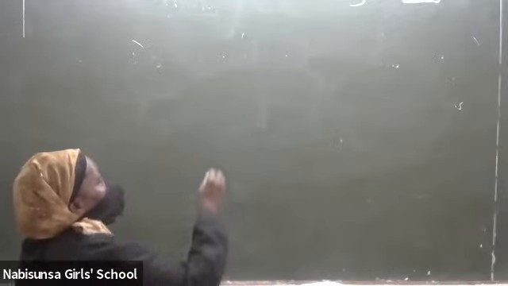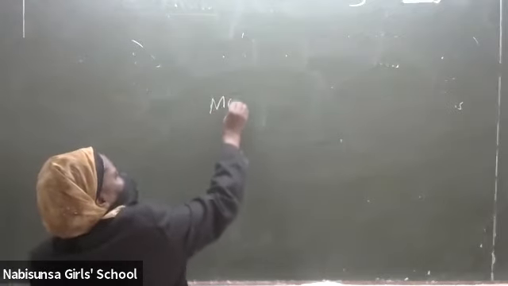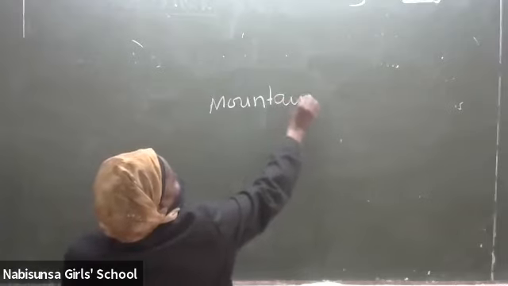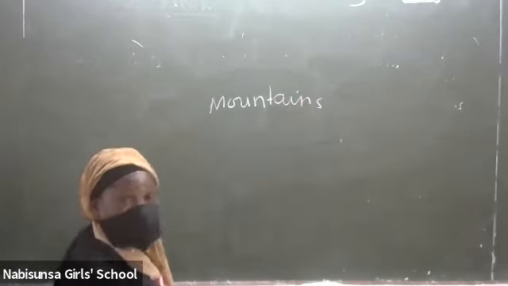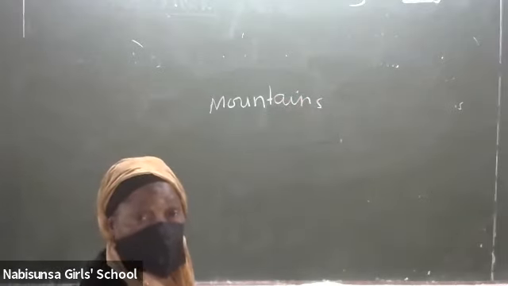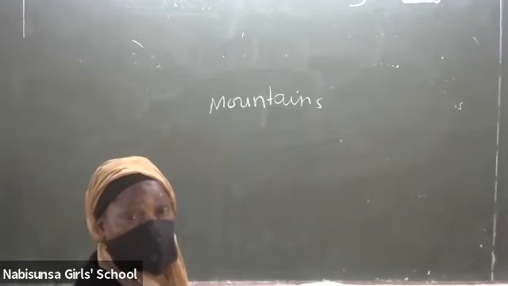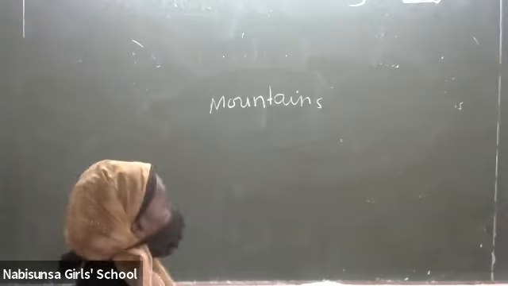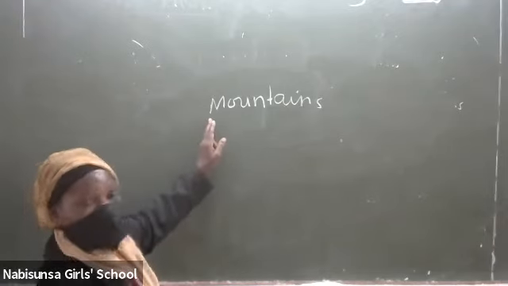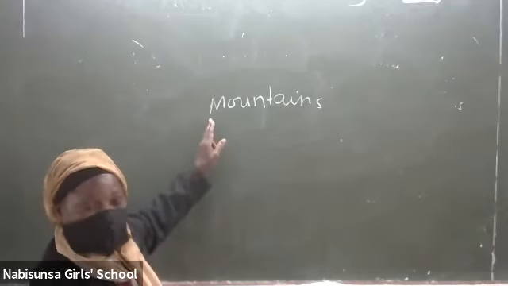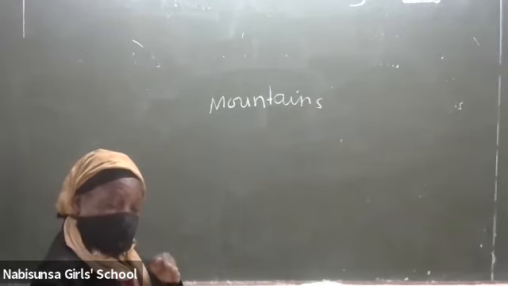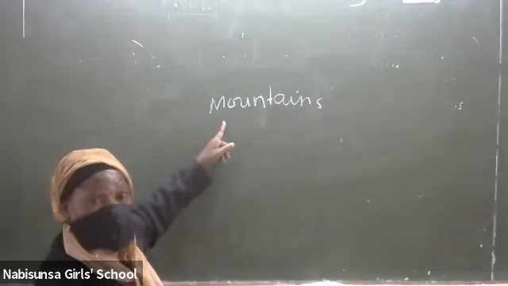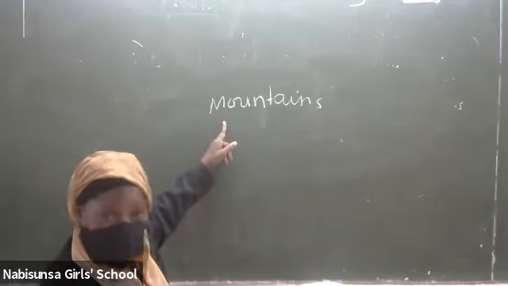So amongst the mountains are the major mountains. Is it written like this, people? Yes. I have only two. And if we are now visiting our map, amongst those highland mountains, we have the Atlas Mountains.